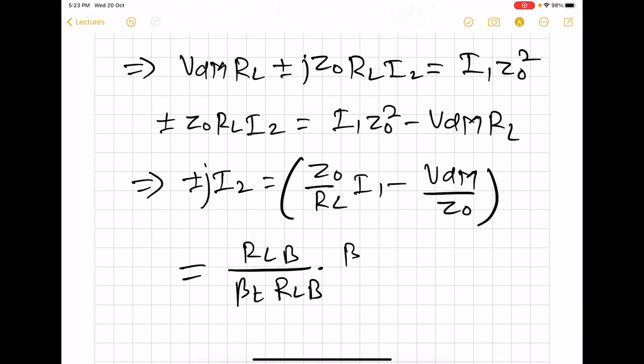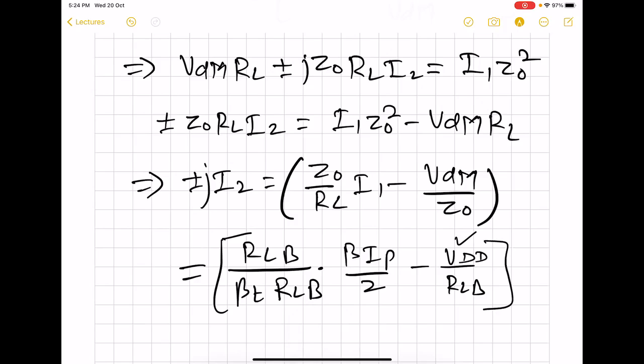I1 is beta into IP by 2 because this is the fundamental of the drain current of the main power amplifier, and this is RLB. VDM we want to be always equal to VDD. So this is desired for this parameter.